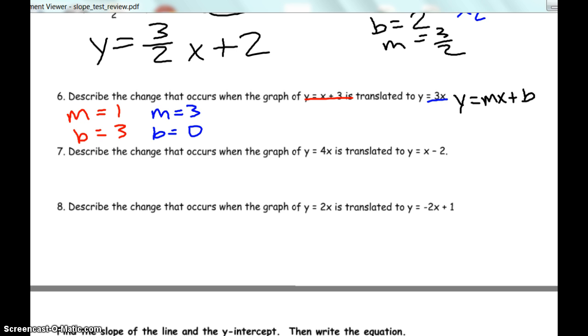Just based off of that knowledge, we can already tell that it's not going to be the same graph. Realistically, one is going to be steeper, or increase greater than the other, and that's going to be the one with the higher slope. So y equals 3x will increase greater, is steeper.